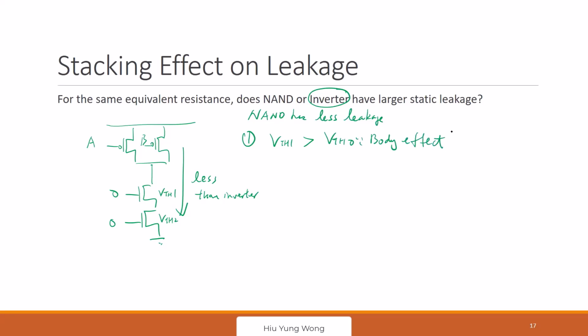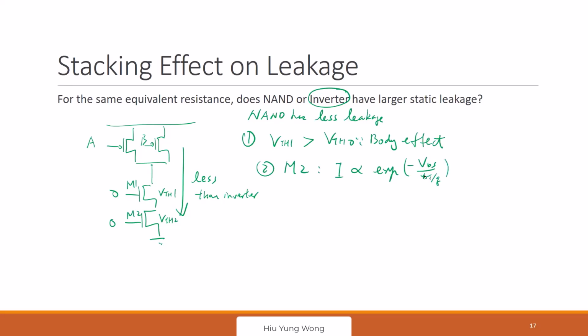Okay. And if we just look at M2, this is M1, M2. In M2, the leakage is proportional to VDS divided by kT over q, right?